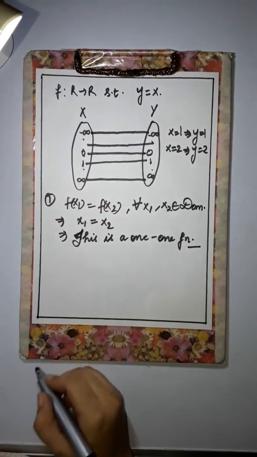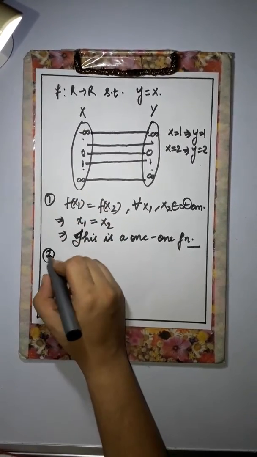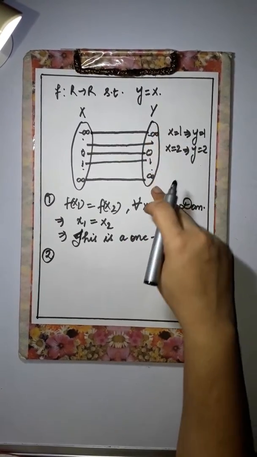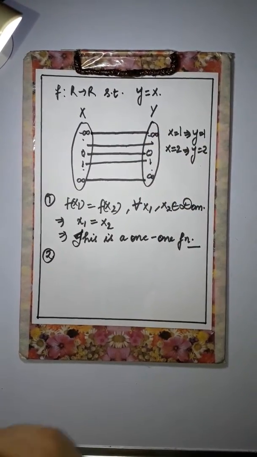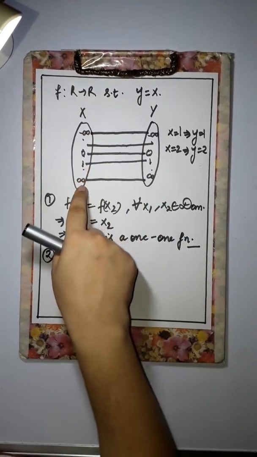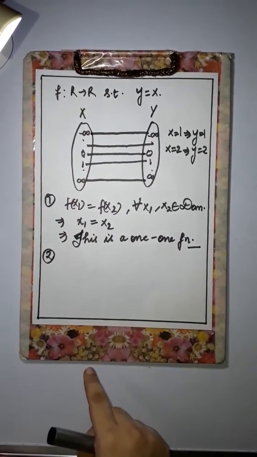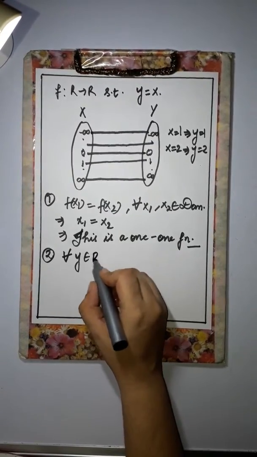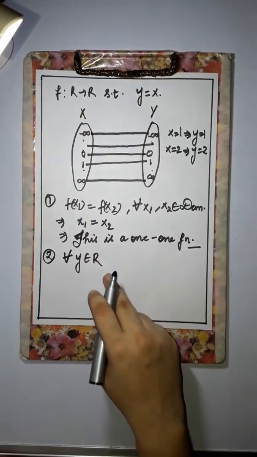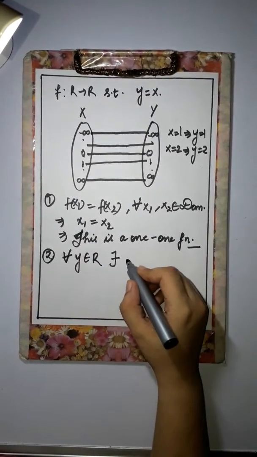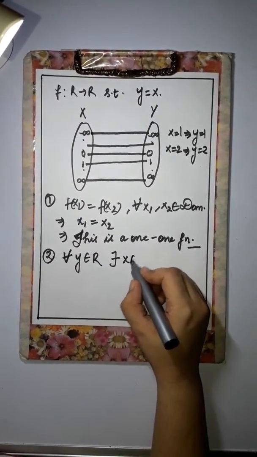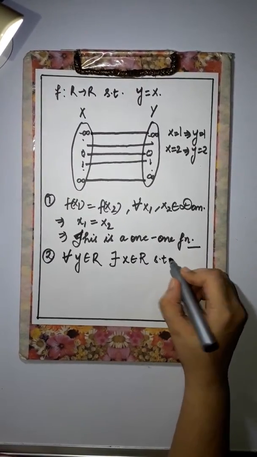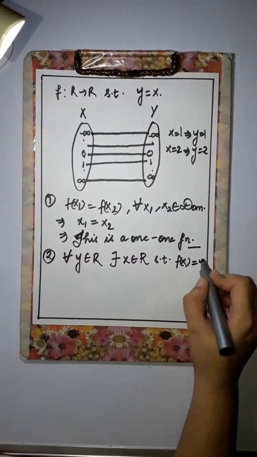This was the first part, and now for the second part we see that every element in the codomain has at least one pre-image in domain, that is, for all y belonging to real numbers, codomain, there exists at least one x belonging to real numbers, such that f of x is equal to y.